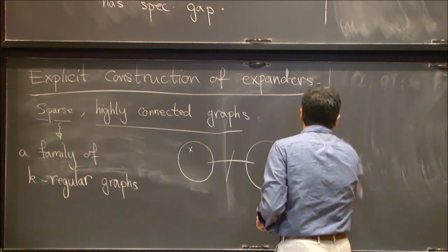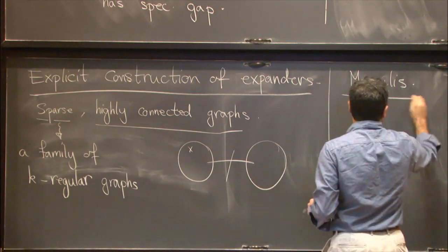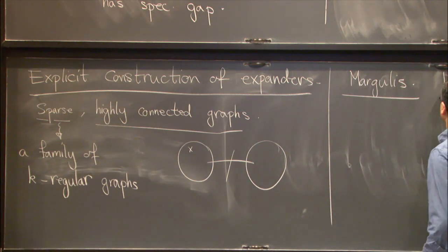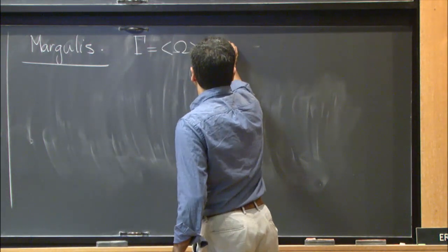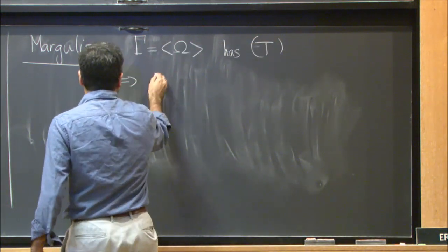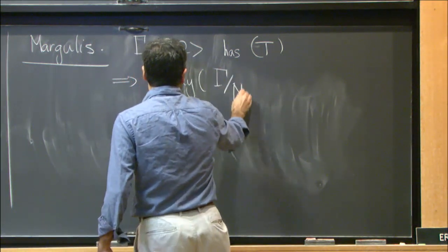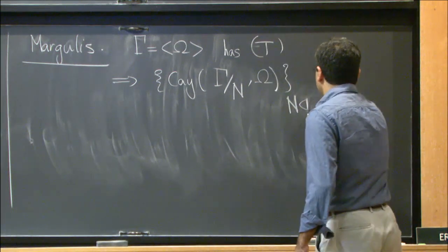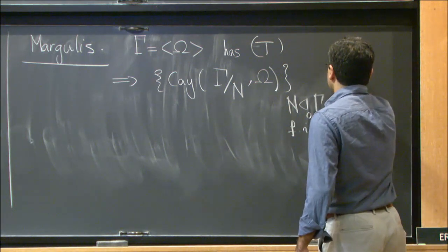Margulis showed that, in that case he wanted to give a very concrete example, he started with a group with property T. Then this would imply that the Cayley graphs of the finite quotients of this group, as n varies among the normal finite index subgroups, form a family of expanders.